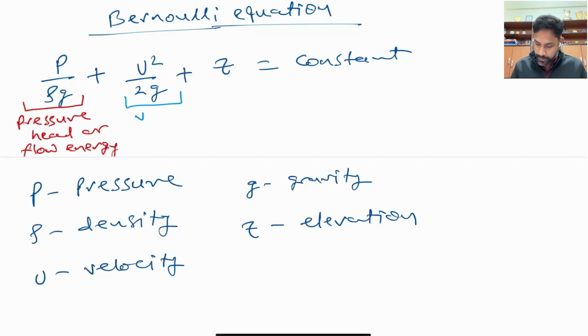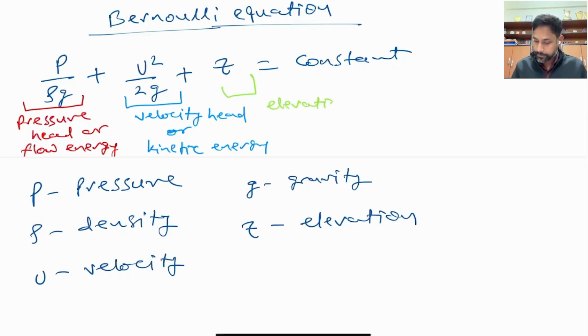This one is velocity head, or kinetic energy. And the third one is elevation head, or potential energy. Okay, so these are three different terms that we have, or three different parts of energy we have during fluid flow.